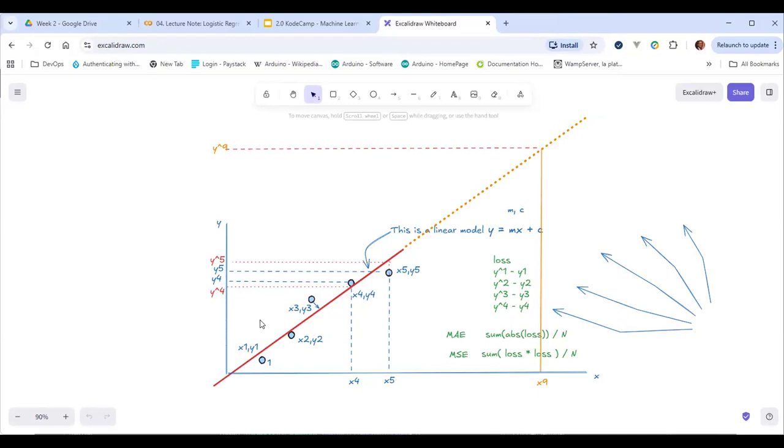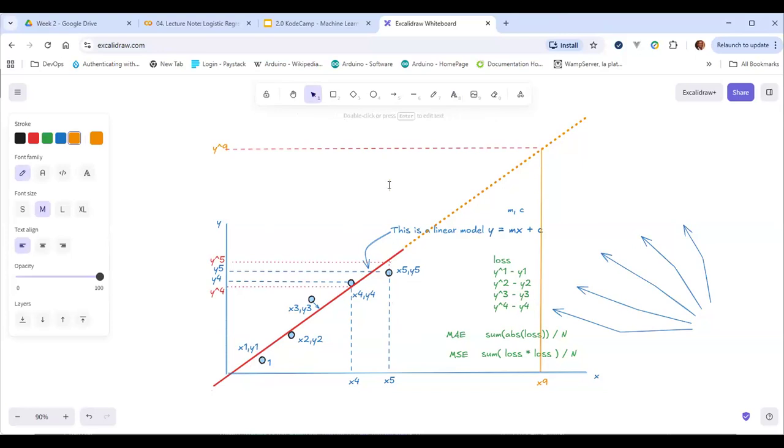But in logistic regression, given this x4, we're not trying to predict the actual value of y, but rather trying to predict whether this y is above this line or below this line. That's why it's called a decision boundary, because this line becomes a boundary that you can use to decide. If it is above this line, you can say that anything above this line is a yes, so that is the positive. And anything below this line, you could say is a no, and that is a negative.